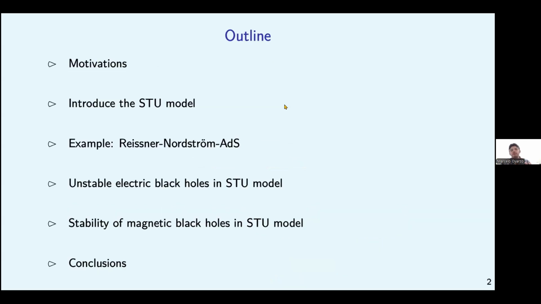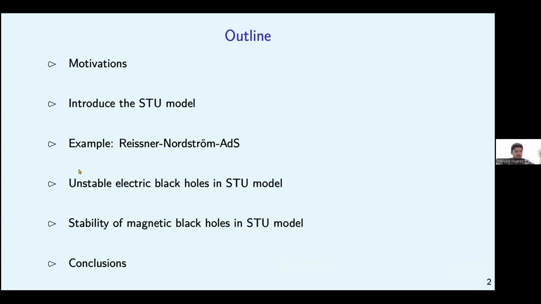So the plan for this talk that I have in mind is to give some motivations first. Then I will introduce the STU model of the D equal 4 gauge supergravity. And then I will give a simple example that will capture an idea that I want to stress, that will be useful for the rest of the talk.